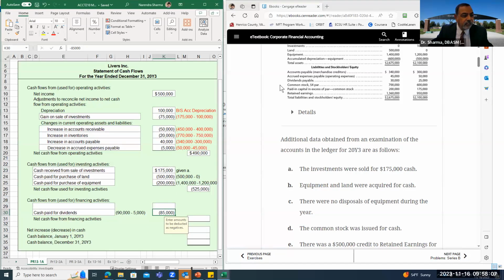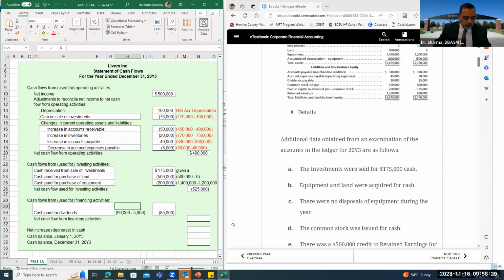Next thing we're looking at is the common stock. Common stock has increased from 600 to 700. So that is 100,000. And along with that common stock, I got some excess money. So here that's the excess paid in capital, 175 to 200. So that is another 25,000.